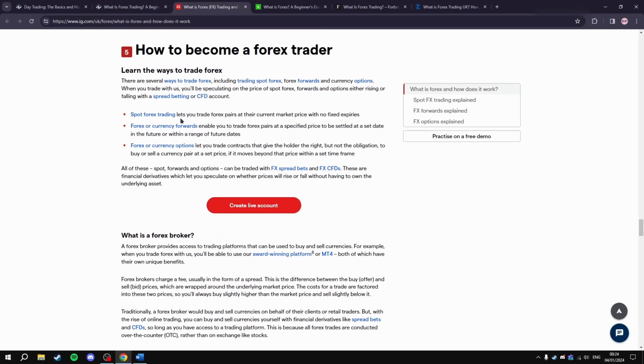How to become a Forex trader? There are several ways, including trading spot Forex for currency pairs.